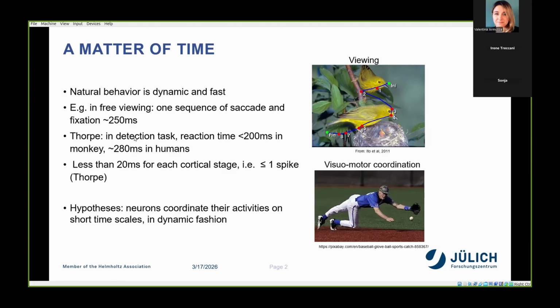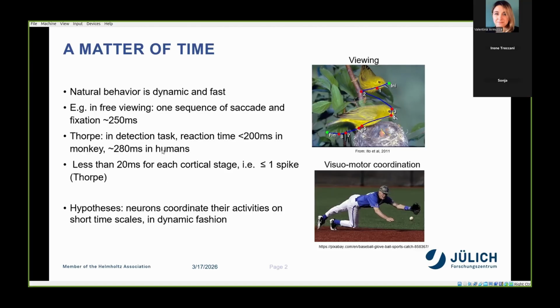There was also work by Simon Thorpe where he made experiments with humans and monkeys where he asked whether in a shown image, which was shown for 20 milliseconds, there was a real animal or, for example, a picture of a deer on the wall.